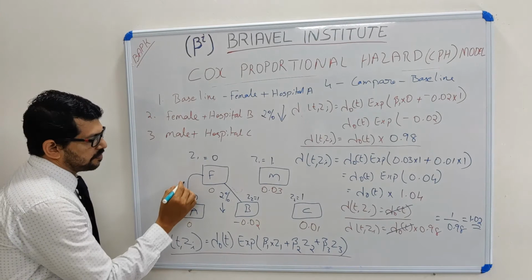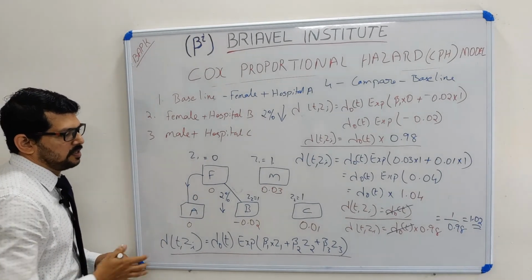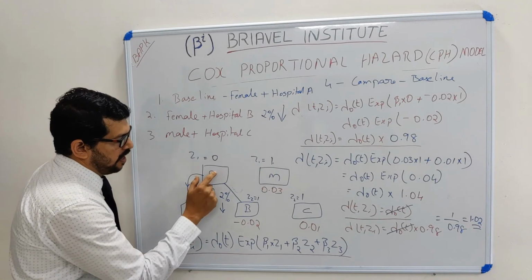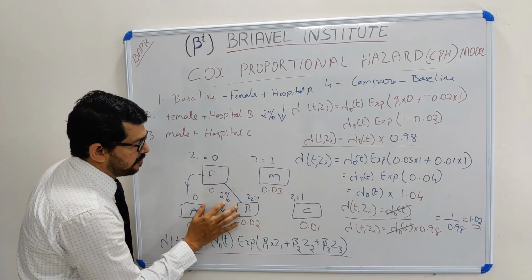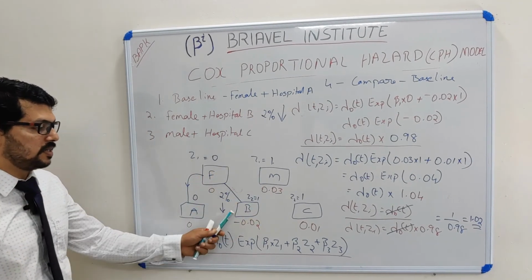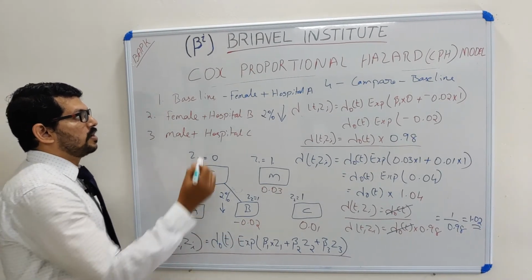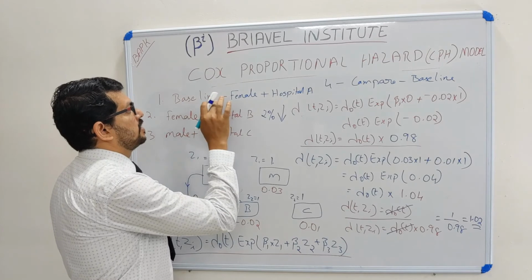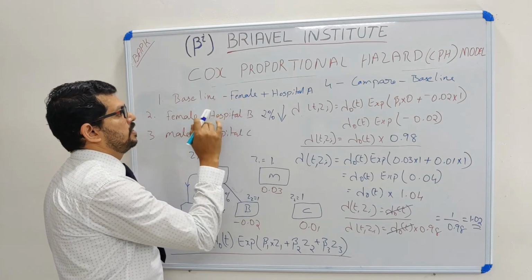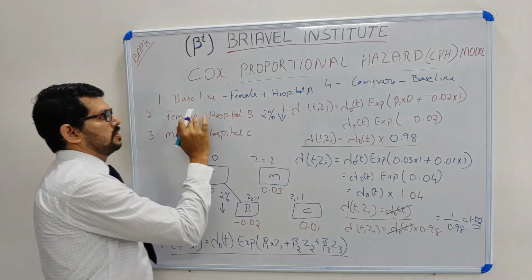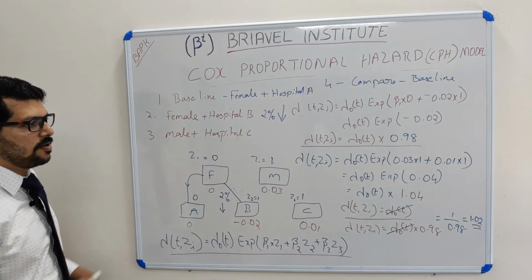Comparing the female in hospital A with the female in hospital B, it is 2% less because the regression parameter is minus 0.02. So here the baseline hazard is 2% higher compared with hospital B.